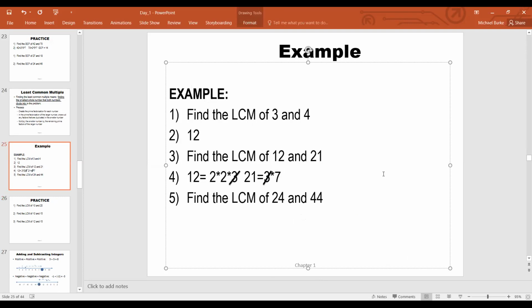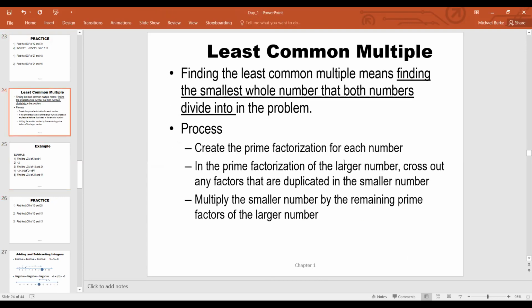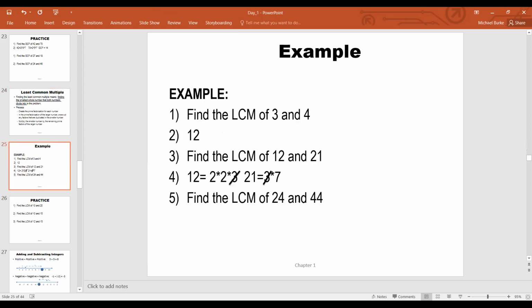Wait a minute. Multiply the smaller number, excuse me. So 7 times 12 is 84. See, I told you I had to check my numbers. So 84 is the lowest common multiple.